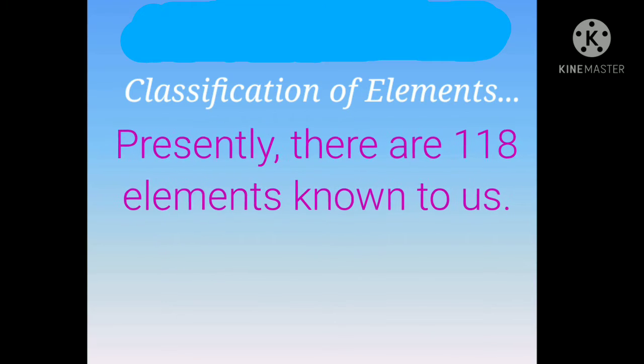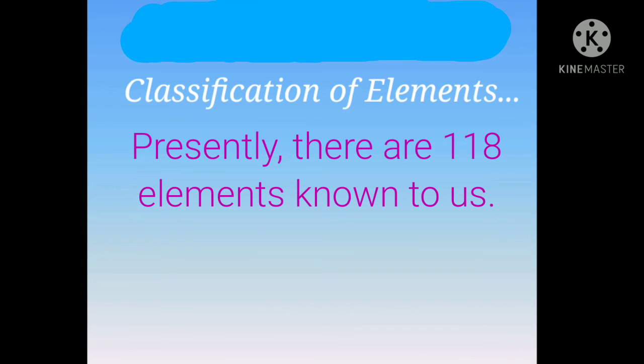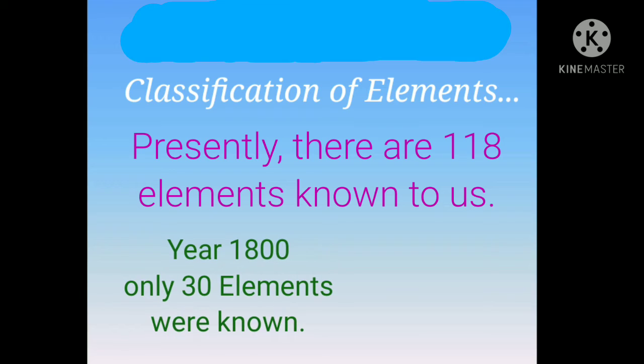Let us come to the starting of the lesson. Classification of elements is very important to understand the elements which are present in nature. Today, 118 elements are known to the scientific world. Around the year 1800, only 30 elements were known.